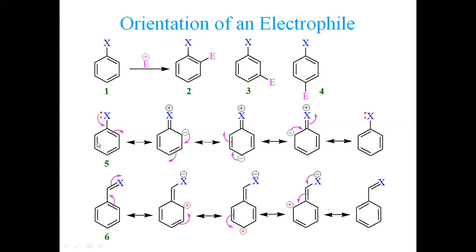You see here, this double bond is here, and in the other form this double bond is not there. So these two, the first one and the last one, are not the same. They are two different Kekulé structures, if you remember. So these are five different resonance forms with this category of X groups. It is not necessary that this is oxygen, OH. It may be an O-alkyl group, an alkoxy group.